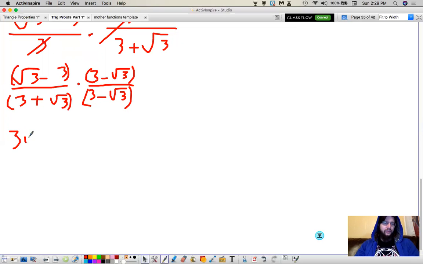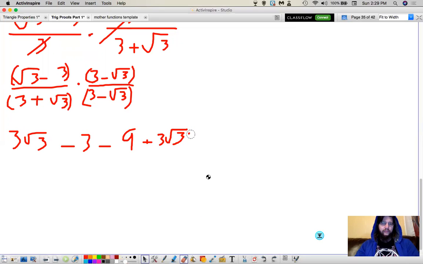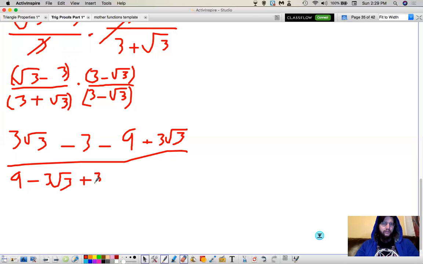So that's 3 square roots of 3 minus 3 minus 9 plus 3 square roots of 3. On the bottom, 9 minus 3 square roots of 3 plus 3 square roots of 3 minus 3.